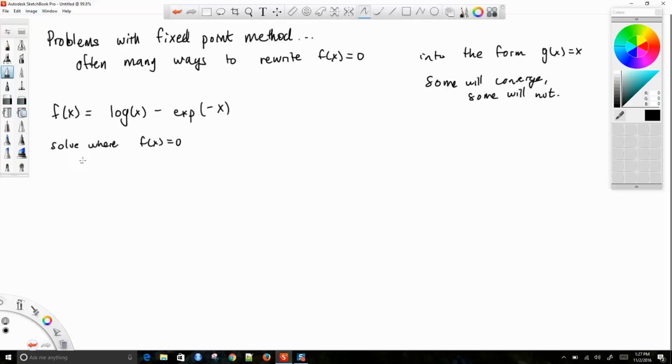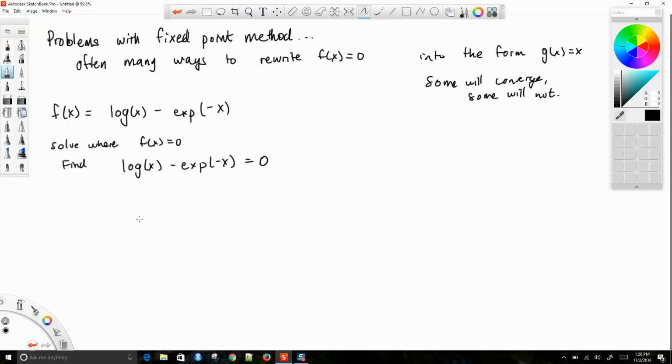So we're going to say where log of x minus e to the negative x is equal to 0. And we want to find some g of x so that the right-hand side is x and the left-hand side is g of x.